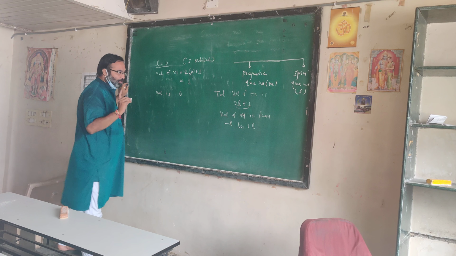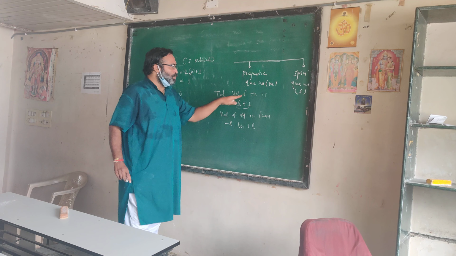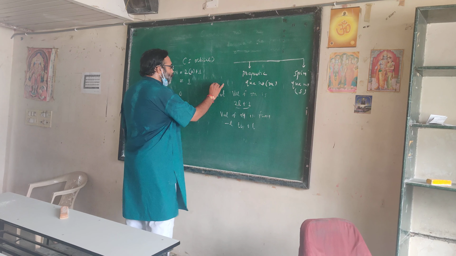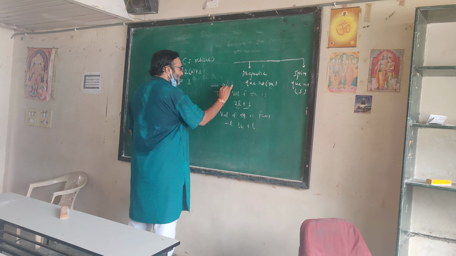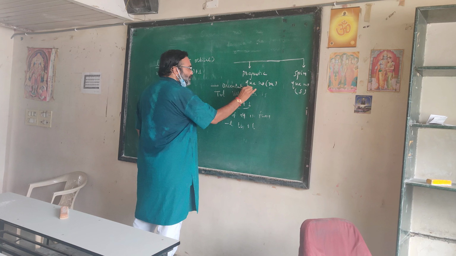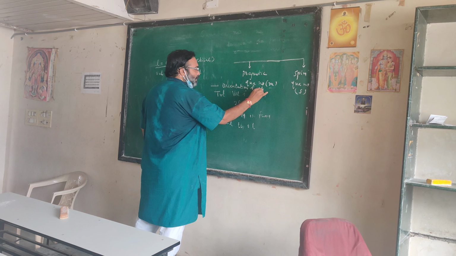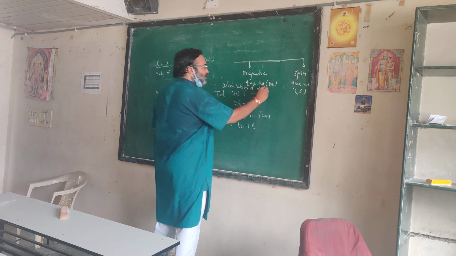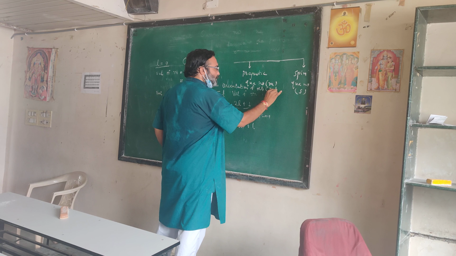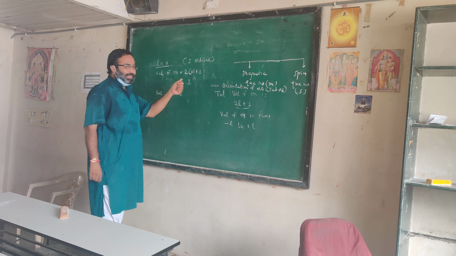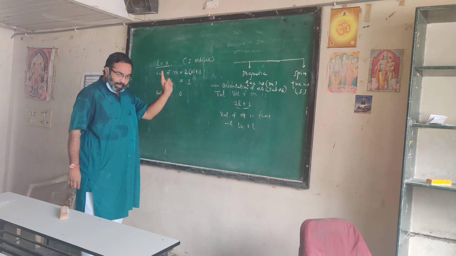Before that, one thing I forgot. The total number of values of m is 2l plus 1, but what does m describe? m describes the orientation of orbitals. What is meant by orientation of orbital? It describes the suborbitals. How many suborbitals there are is described by the m value.